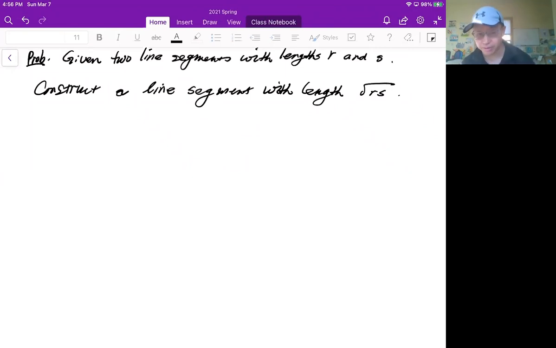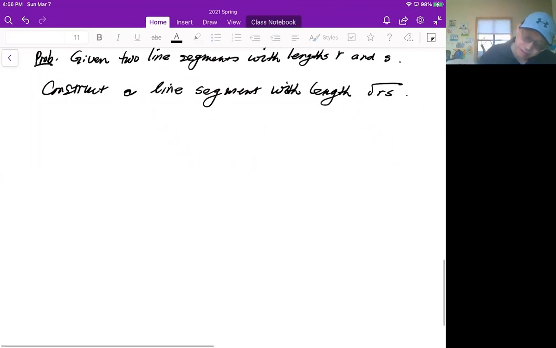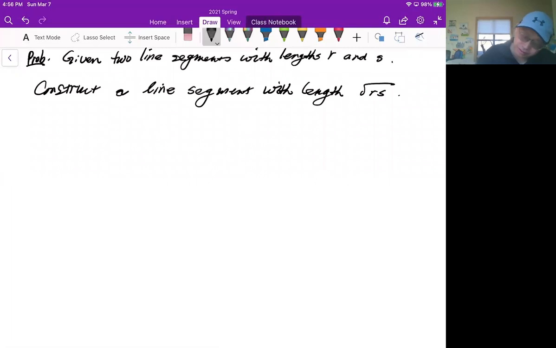Suppose this is the length of R, and the other one is the length of S. Can you give me a line segment with the length of square root of RS? So that's a geometric mean. I need to get the geometric mean of two numbers. Is that constructible? That's an important problem in geometry.